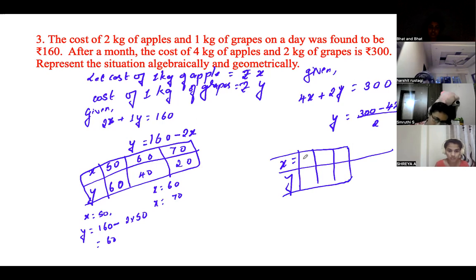So now let us consider x is equal to 70, 80, and 75. Now what happens? y is equal to 300 minus 4 into 70. That is 2,800. 4 sevens are 28 divided by 2. So how much is this? 30 minus 28.